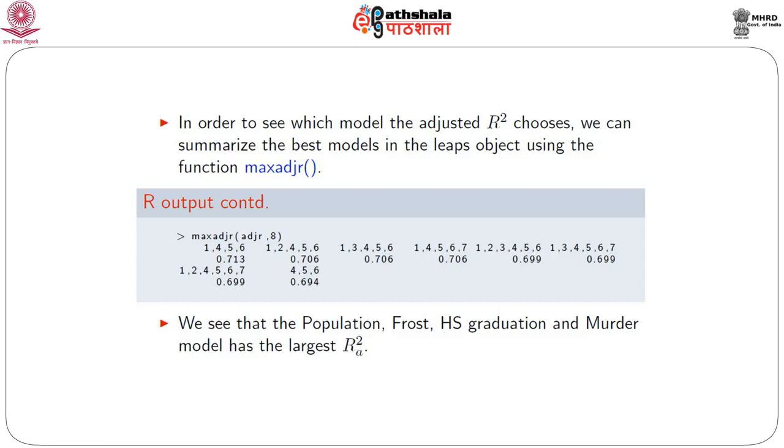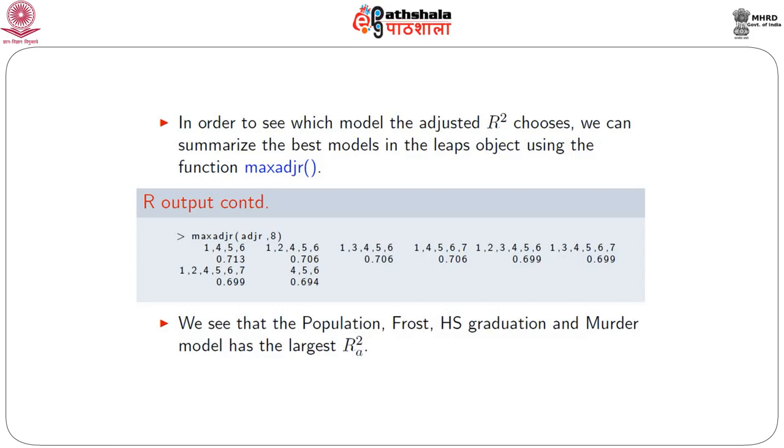After using this function, we can see here that the first model output contains the predictors 1, 4, 5 and 6, and the corresponding max adjusted R square is 0.713. And the second model, which contains the first, second, fourth, fifth and sixth predictor variables, has an adjusted R square of 0.706.